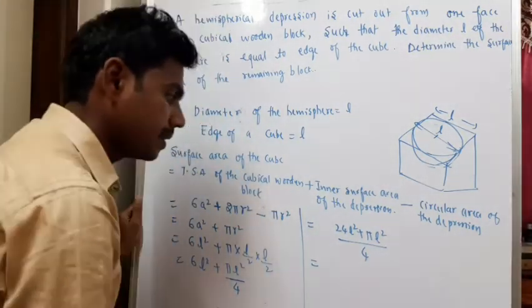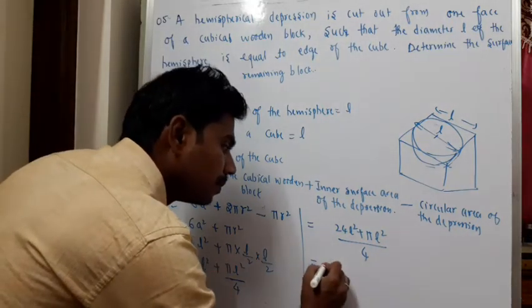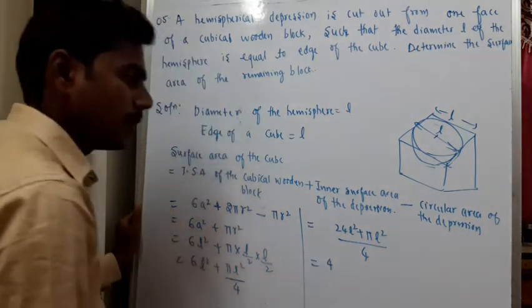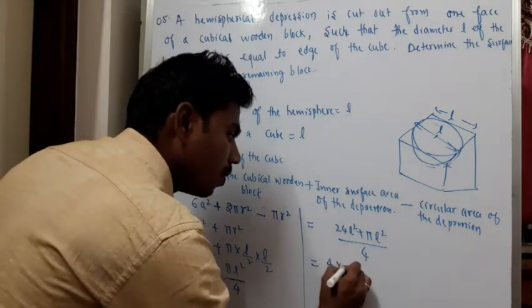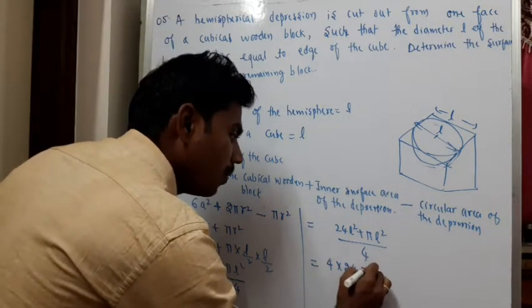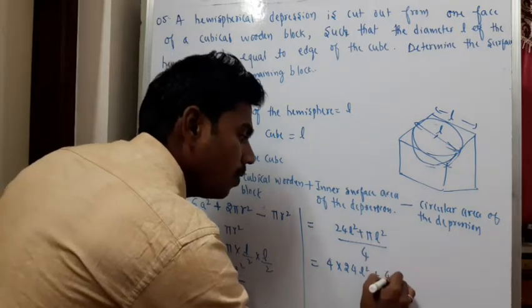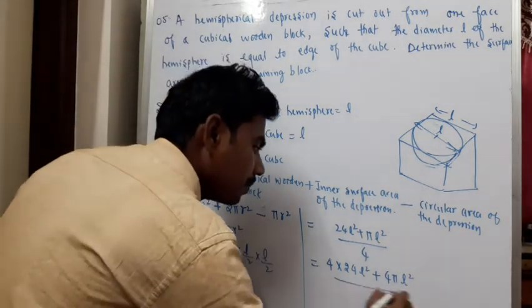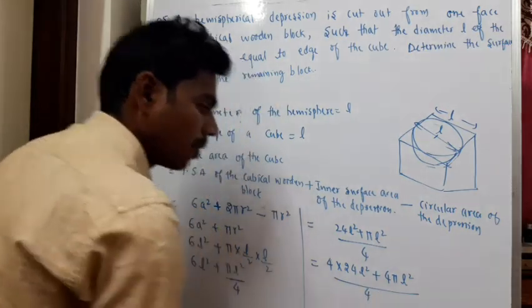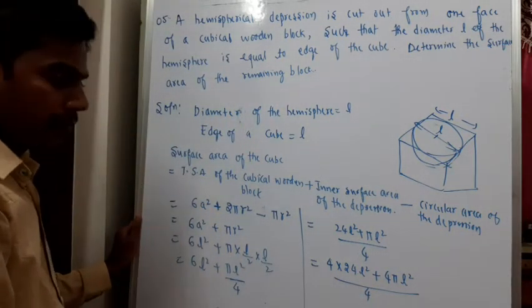So in that case, if I multiply this with 4, this will be 4 into 24 L square plus this will be equal to 4 pi L square divided by 4. Divided by 4.